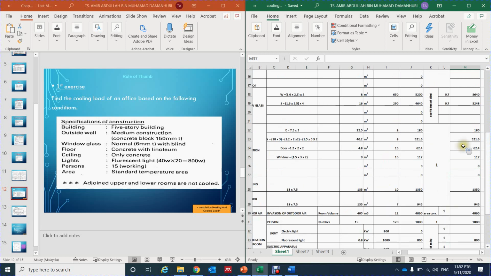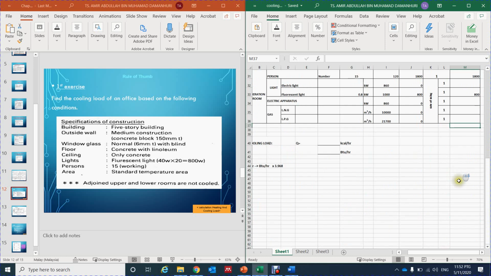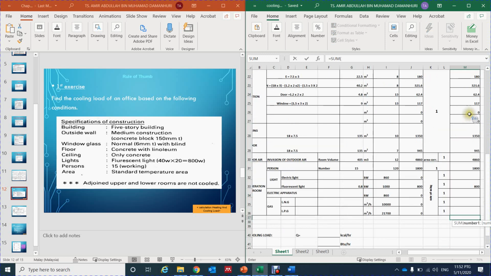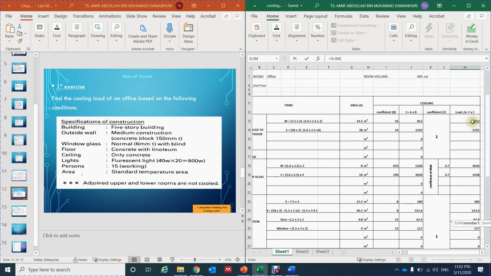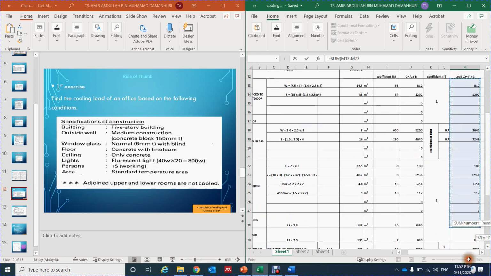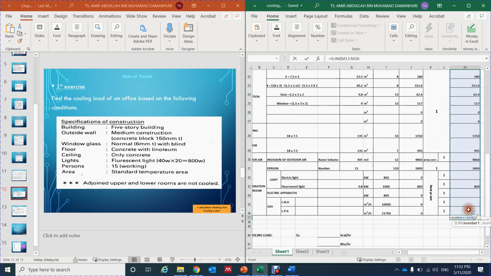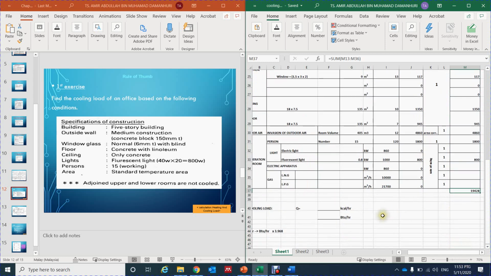When we want to summarize how much the cooling load that we have, we just put the equal sign here, and then we have to find sum. Double click it, using the Microsoft Excel version. We want to sum all the data here. So we already got the cooling load, 19428 kilocalorie.